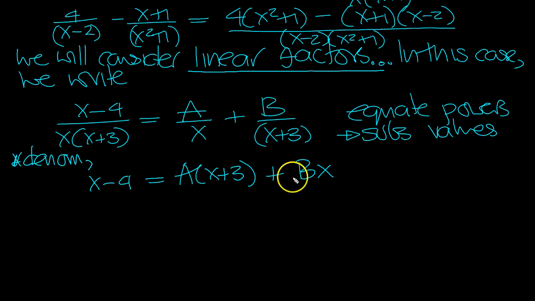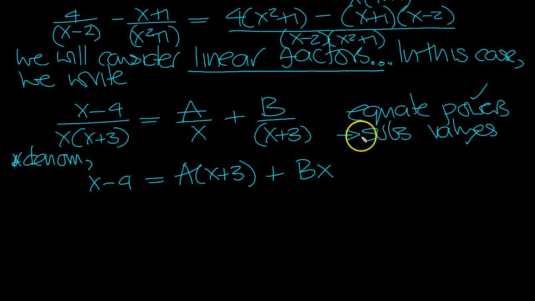Now, to find a and b, you either equate powers of x, or you substitute convenient values. The number of x's on this side will equal the number of x's on that side, the number of x squareds on this side must equal the number of x squareds on that side, if there are any, and the number of constants on this side must equal the number of constants on that side.